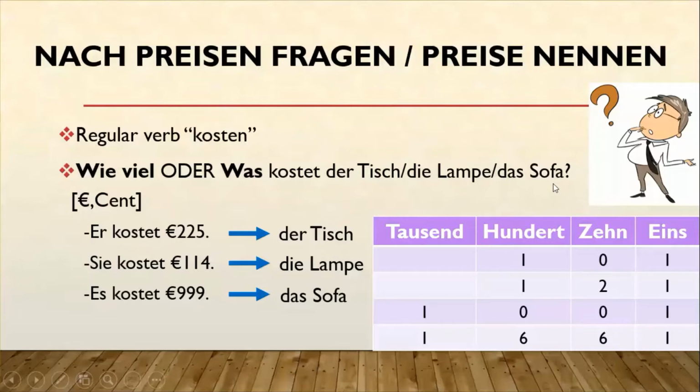Das Sofa is neutral, so we will use es. So er kostet 225 Euro. Sie kostet 114 Euro. Es kostet 999 Euro.